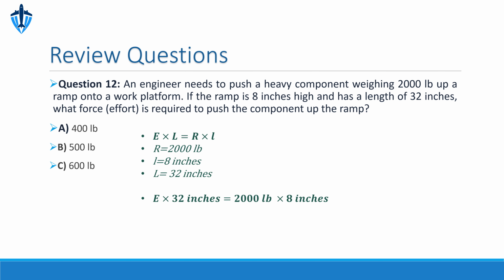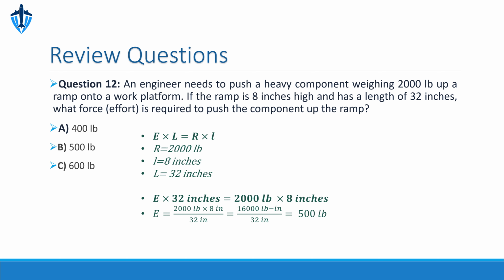Now substitute these values into the formula. E times 32 inches equals 2,000 pounds times 8 inches. To solve for the effort, E, we rearrange the equation. E equals 2,000 pounds times 8 inches divided by 32 inches. E equals 16,000 pounds-inches divided by 32 inches. E equals 500 pounds.